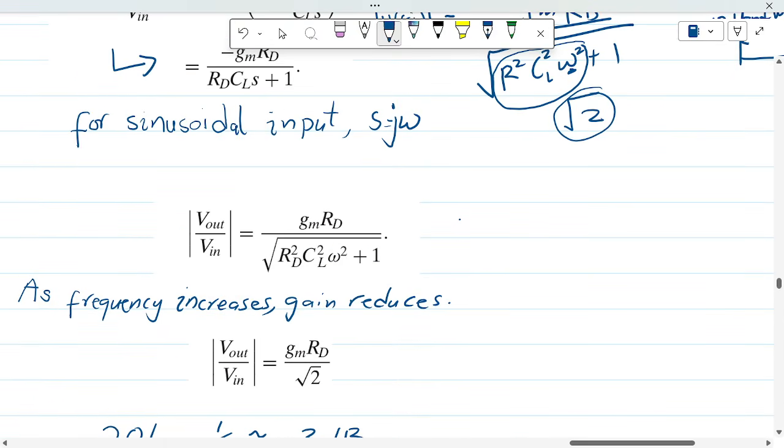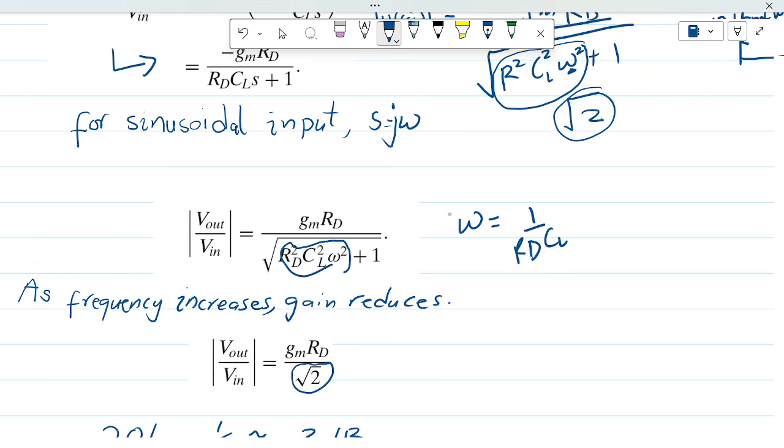So if omega, that's the frequency of the input signal, becomes 1 over RD CL, then we'll have all this term becoming 1, and it means the gain would reduce by a factor of root 2.